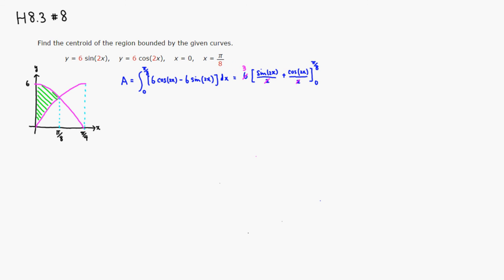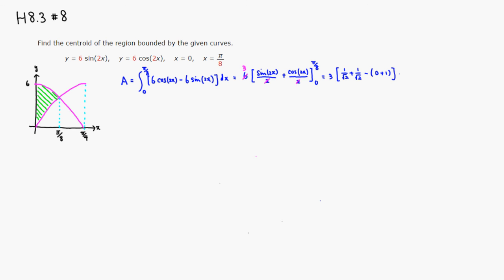Then evaluate it. So this is going to be 3 here. Plug in pi over 8, so that's pi over 4. Sine of pi over 4 is 1 over square root of 2, plus cosine of pi over 4 is another 1 over square root of 2, and minus, if you plug in 0, sine of 0 is 0, plus cosine of 0 is 1.